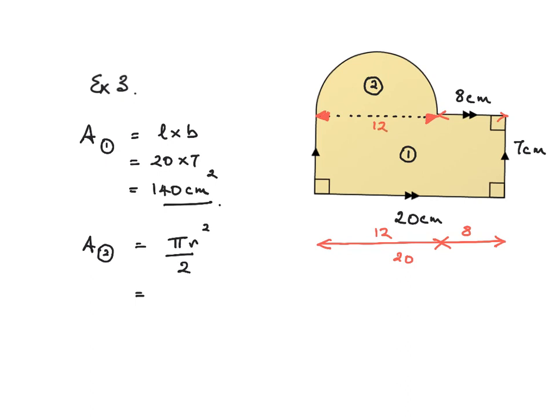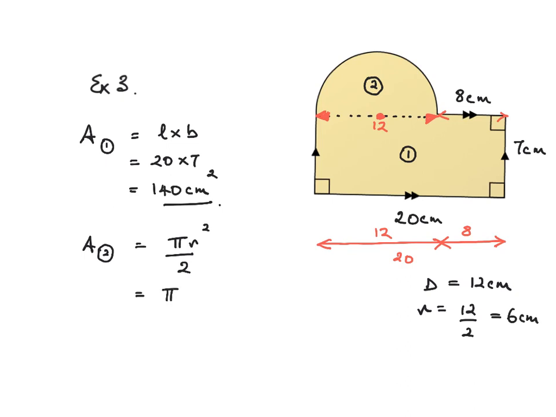Now, what exactly is 12? Well, 12 is the diameter. So what we want then is the distance from the centre to the circumference, which is the radius. 12 over 2 is 6 centimetres.